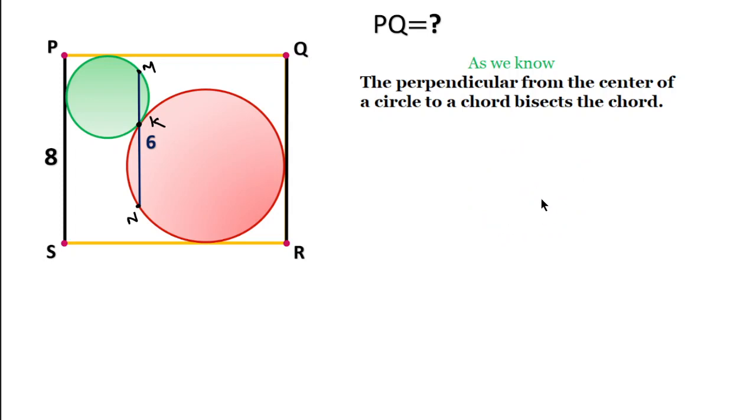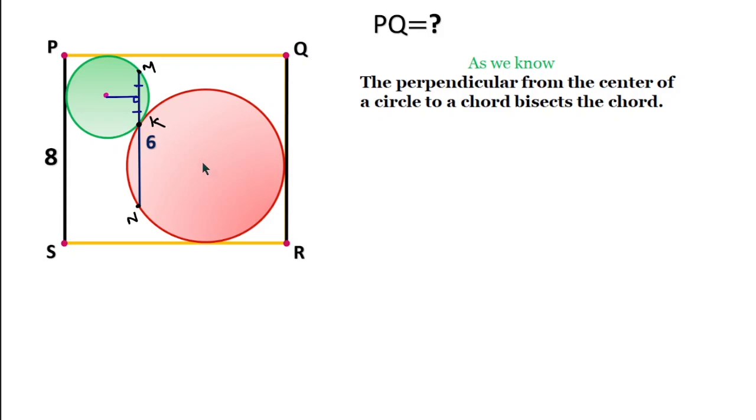So using this theorem, if we consider the center for this green circle is here, and if we draw a perpendicular on the chord MK like this, then this part will be equal.